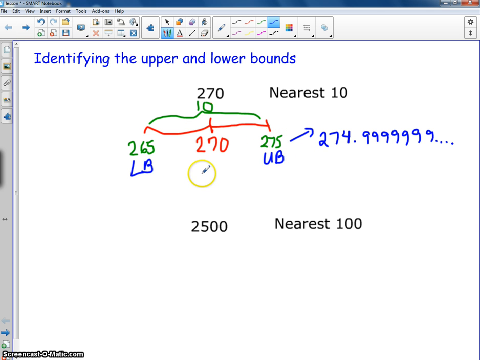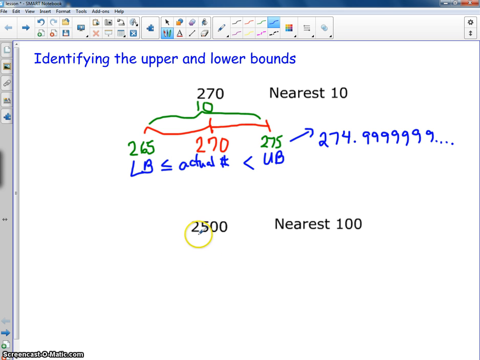So in a way, the actual number is more than or equal to the lower bound, however just less than the upper bound. It's not going to be really equal to 275, it's going to be less than that. However, we don't write this. We write 275 because that's a more convenient way.